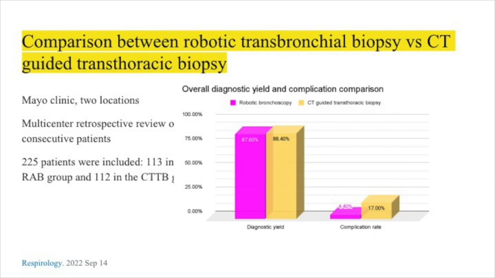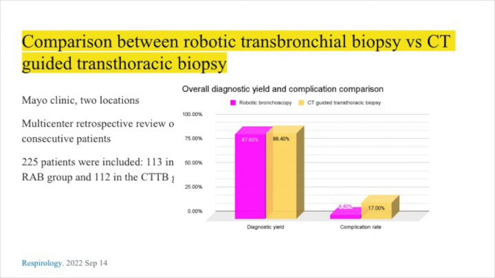So the question about robotic transbronchial biopsy versus CT-guided transthoracic biopsy: which one is more favorable and offers more benefit to the patients? There's a recent retrospective study from Mayo Clinic comparing these two technologies.